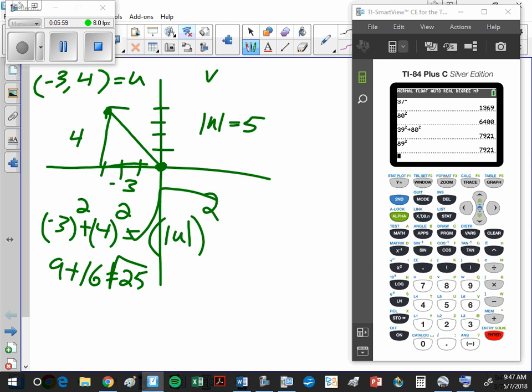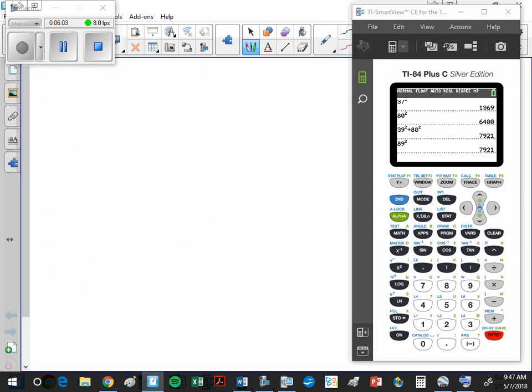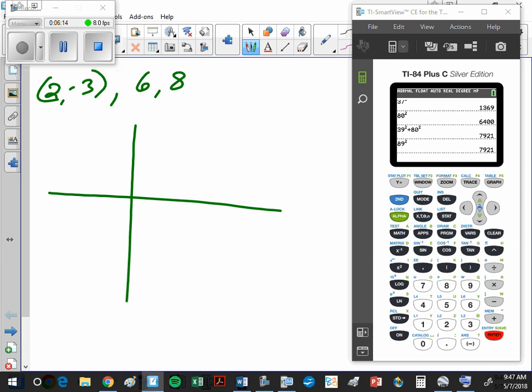What if a vector is not centered at the origin? Okay, what if the start of a vector is 2 comma negative 3, and the end of the vector is at 6 comma 8? So 2, negative 3, and then right here, and this is my vector.